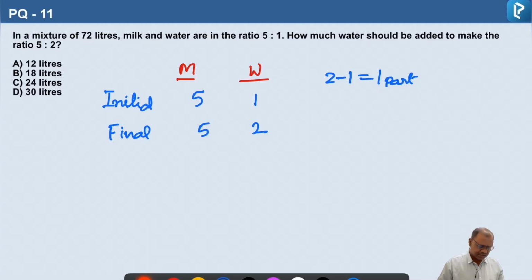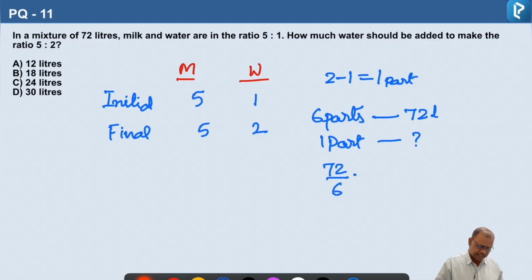So initially there were total 6 parts. So 6 parts is equivalent to 72 liters. Now 1 part of water is added. So 1 part is equivalent to how many liters of water? So if we simplify this, 72 divided by 6 times 1.